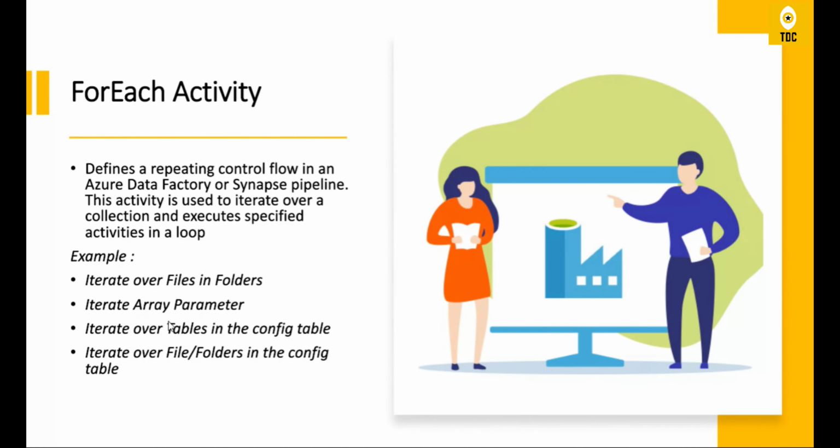You can iterate over all the tables and copy all the 10 tables' data to your blob storage. So instead of using 10 copy activities, you use only one copy activity placed in the for loop. Similarly, if you want to iterate over the files or folders in the config tables to do a copy activity or any kind of activity, you can do the same thing.